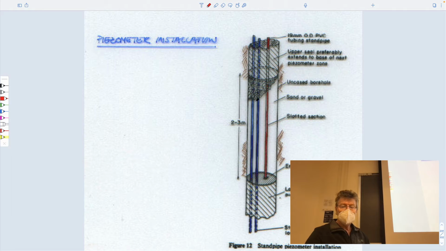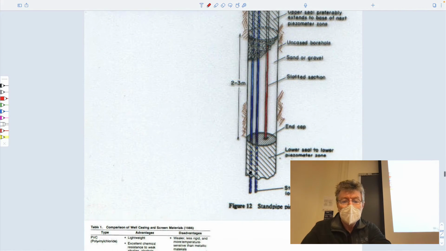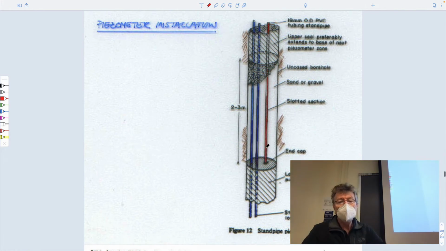You then fill this with sand, and then you grout the top to seal it. And so if you keep on doing that as you retreat up the borehole, perhaps you have 4 or 5 of these individual zones at different depths, which would of course sample different parts of your aquifer, or aquiclude if it was. And of course you can pour water into these individual tubes.